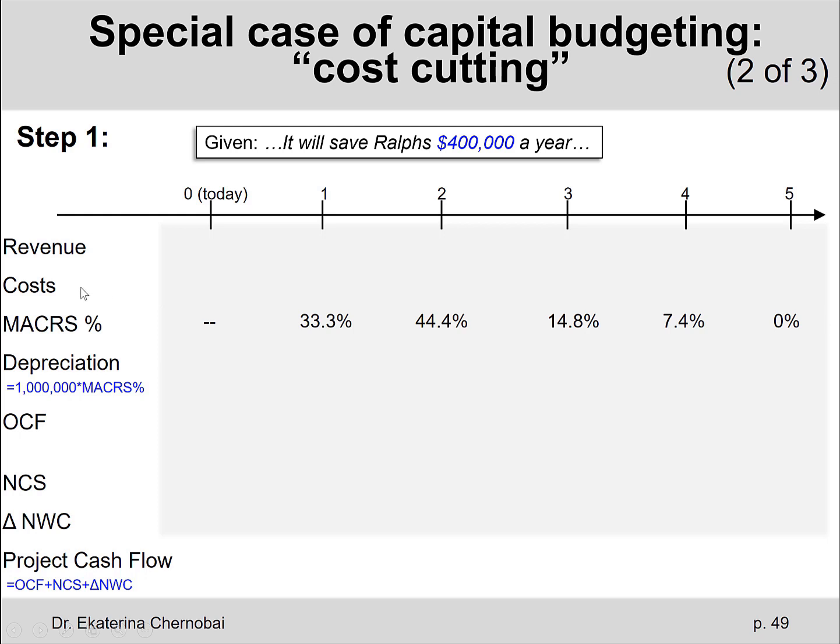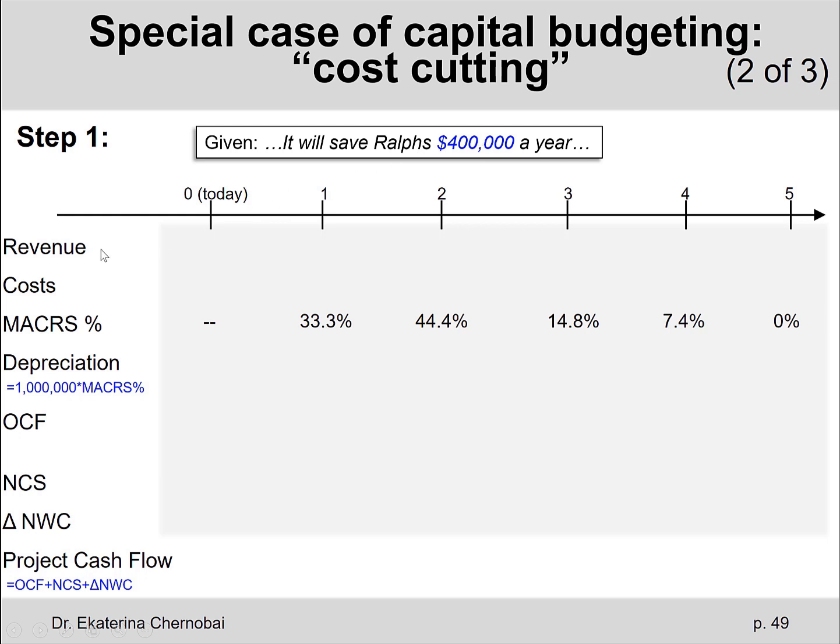However, if you go back to what's given, you will see that it says it will save Ralph's $400,000 a year. So where does this saving amount fit into our NPV problem? Is it $400,000 in additional revenues, or are we going to be spending $400,000 less on production costs? It's unclear, right?